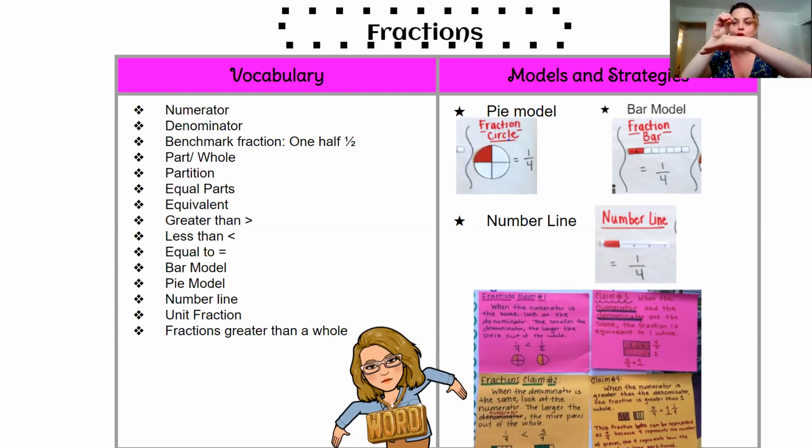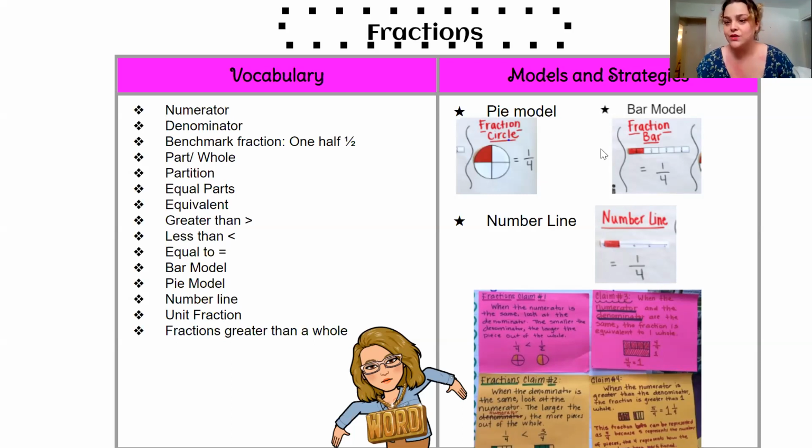So the first one, numerator, denominator, benchmark fraction, 1/2, part, and then the whole, partition, right, when you partition, equal parts, equivalent, greater than, less than, equal to, a bar model, a pie model, a number line, unit fraction, and fractions greater than a whole.